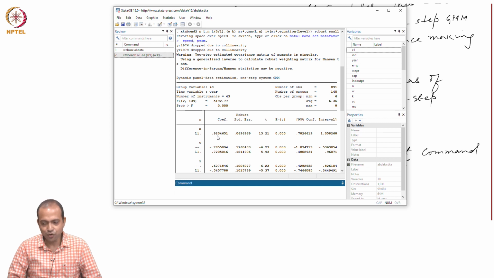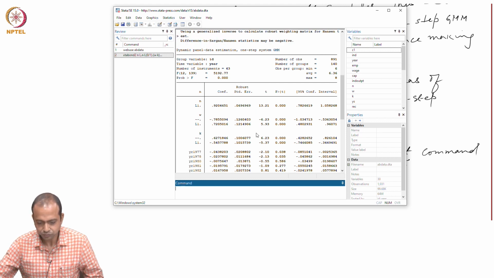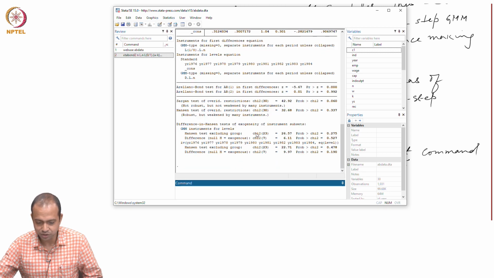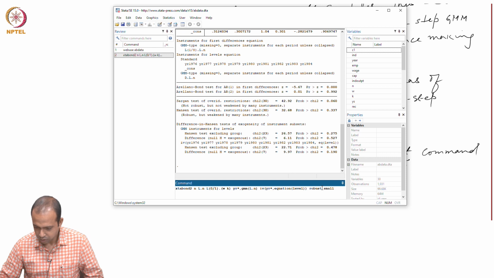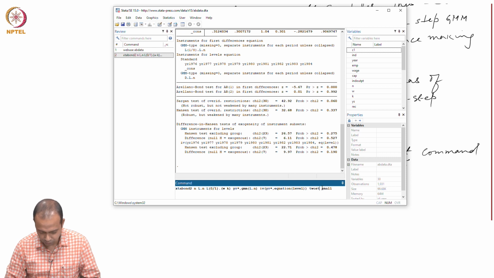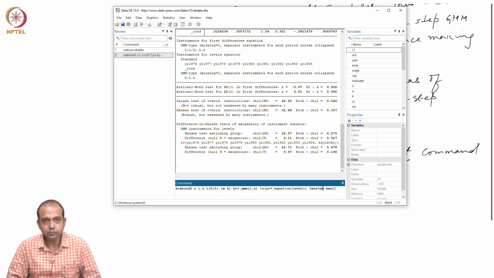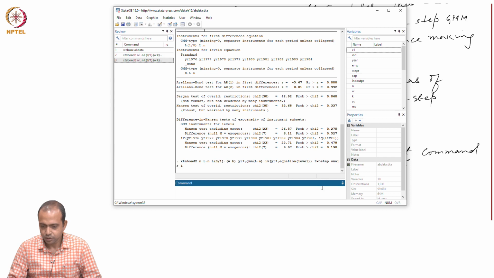Now, if I go for two step without any Windmeijer correction, so we will not be putting robust. If we go for two step, I will not put any robust command, just I will put two step, right.